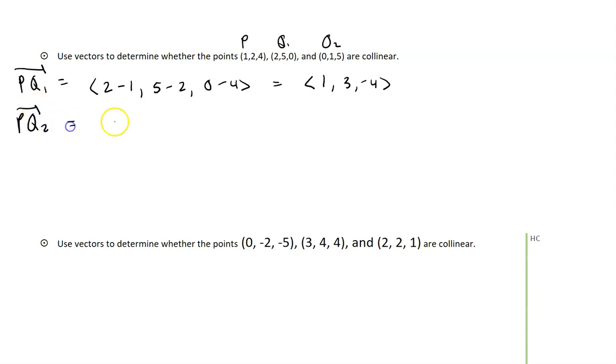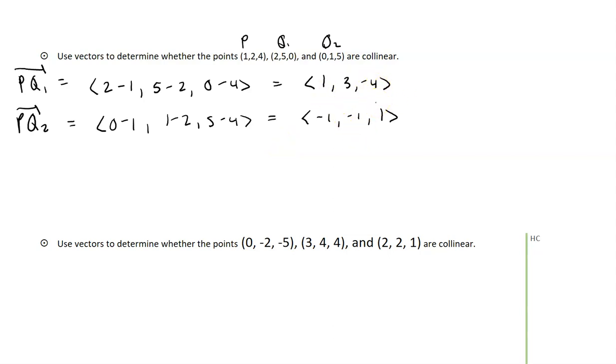PQ2 would be 0 minus 1, 1 minus 2, and 5 minus 4, which would be negative 1, negative 1, and, actually, I'm sorry, 5 minus 4 is 1. Okay, so I'm looking at these two vectors, and these aren't a multiple of each other.